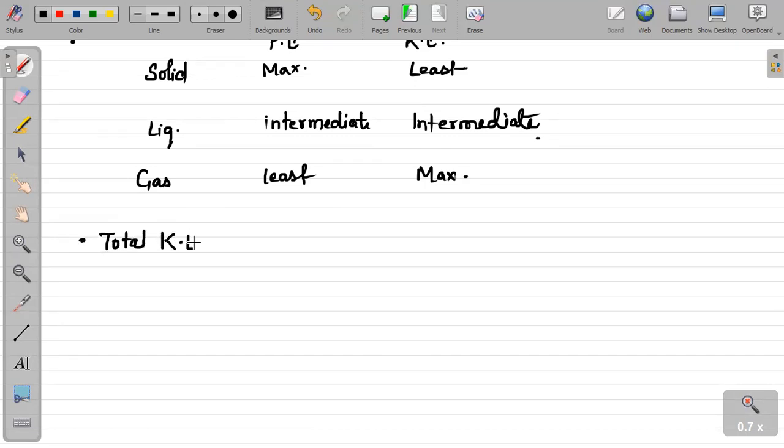Total KE of molecules implies internal KE.